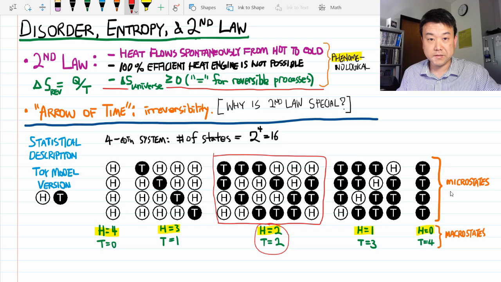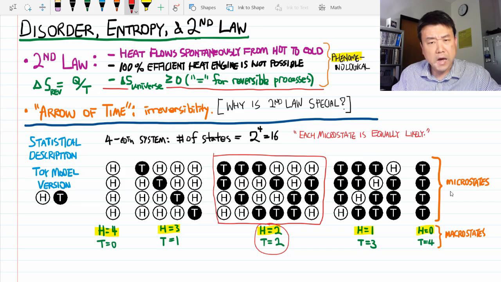In fact, here there's 6 different versions. And here's a canonical assumption that you will hear in statistical mechanics, that each microstate is equally likely. I hope that makes intuitive sense. It's like when you have a 6-sided die, you throw it, you have an equal chance of getting 1 or 6, or any other number in between, 1 in 6 chance.